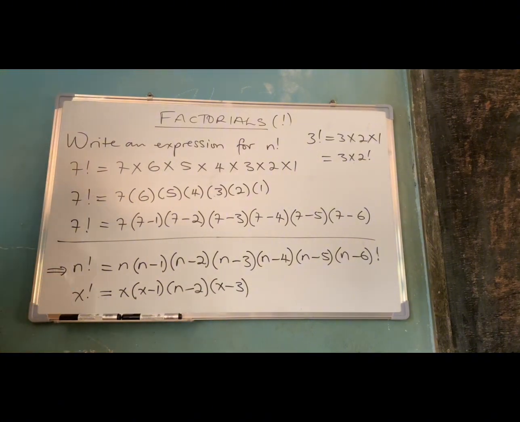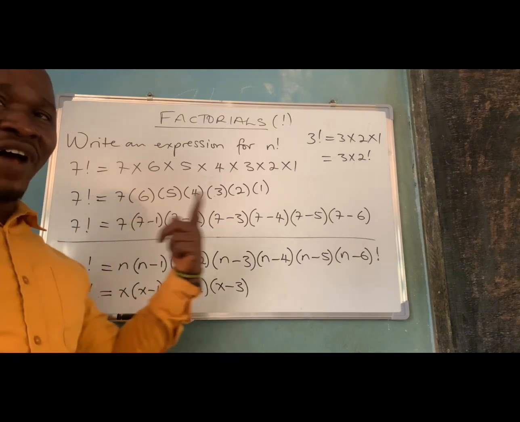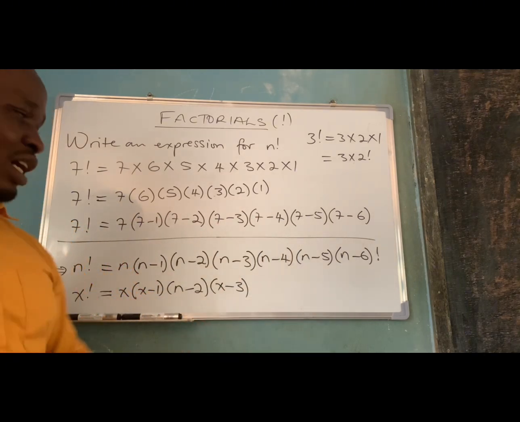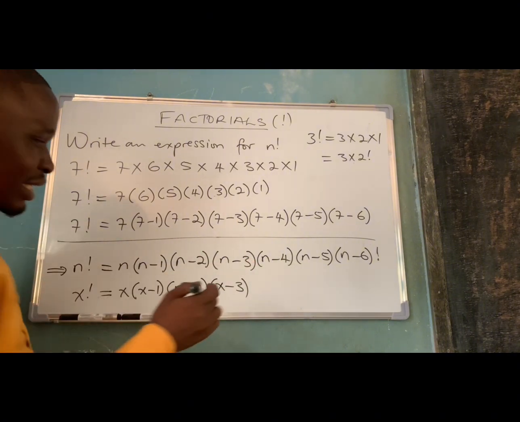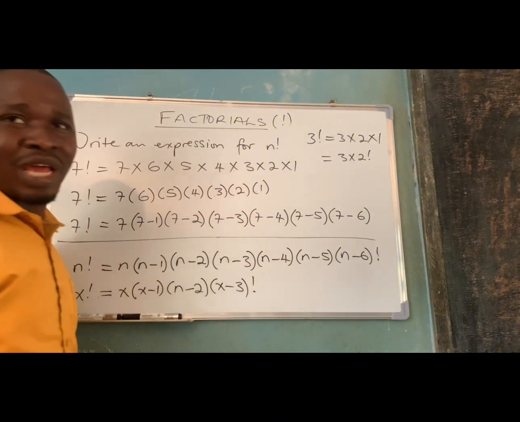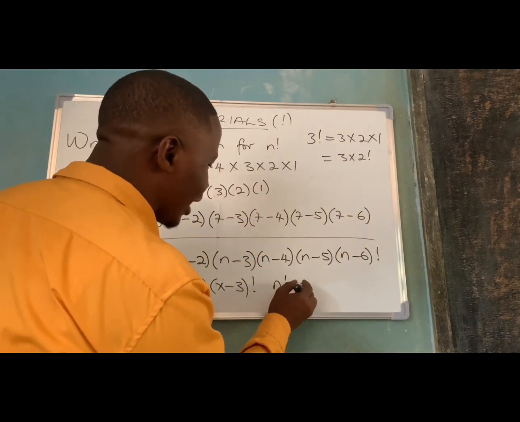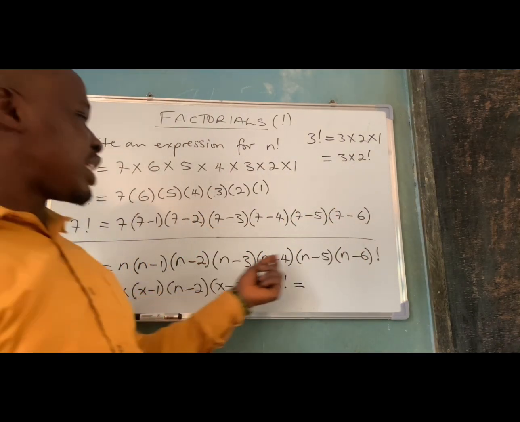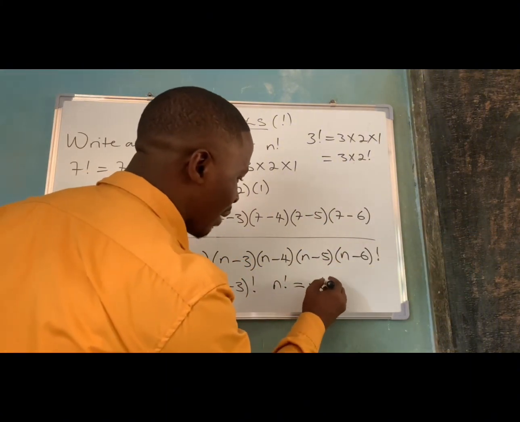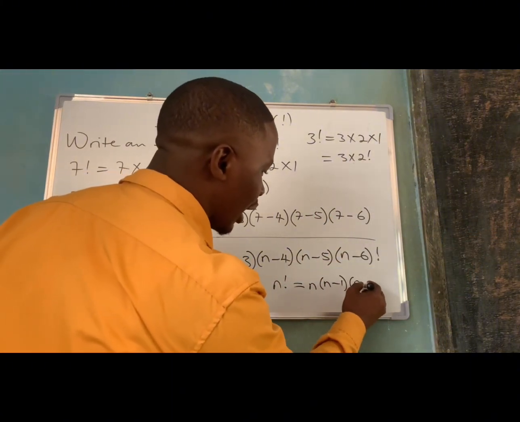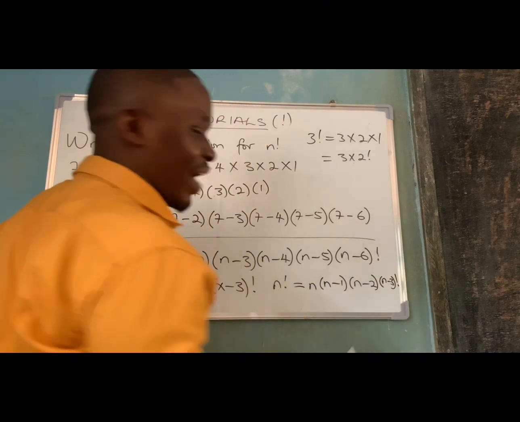It depends on the problem you are solving. That will determine the number of factors to write. But at this point, we can even stop. The most important thing is that we indicate a factorial. So again, we can deduce that n factorial can be written until n minus 6. But we can choose to say n multiplied by n minus 1, n minus 2, n minus 3, then we say factorial.